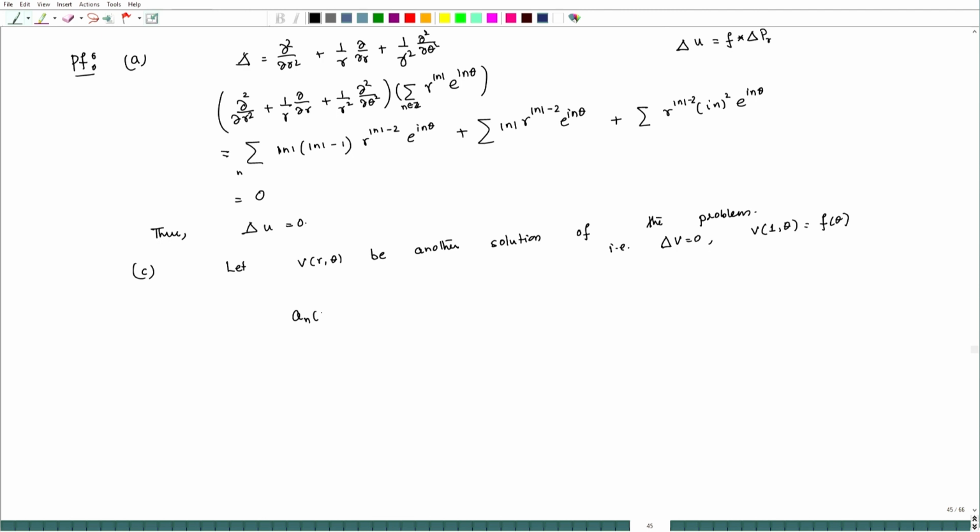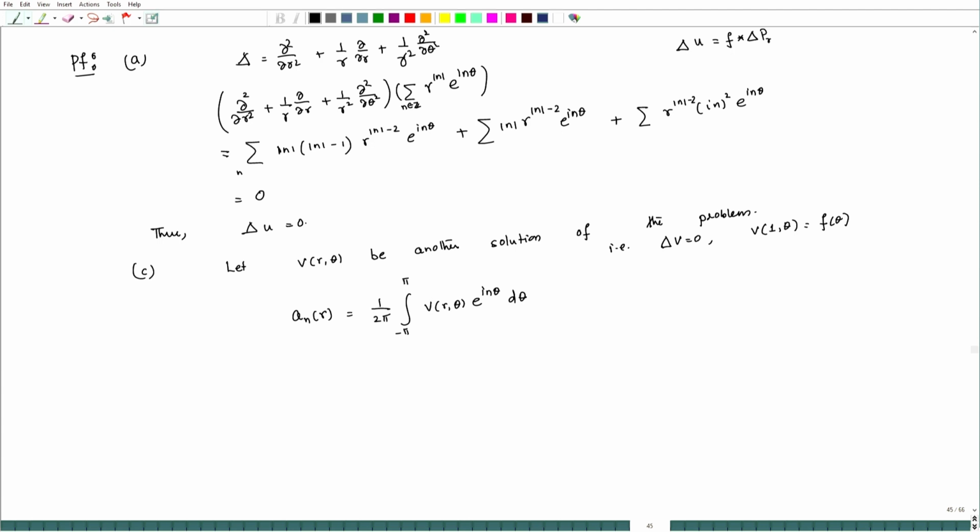Now let me define a_n(r) equal to 1/2π ∫ from −π to π of V(r, θ) e^{-inθ} dθ. Now, it is given to us that ΔV is equal to 0.